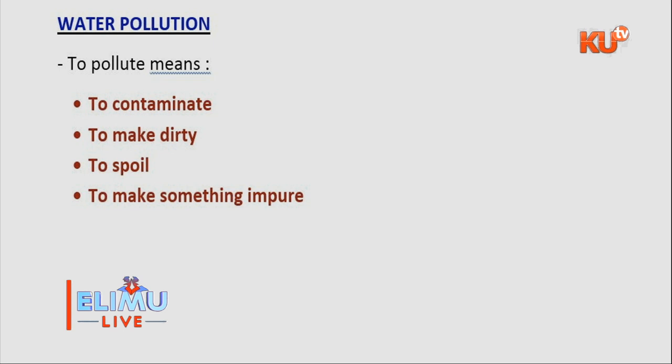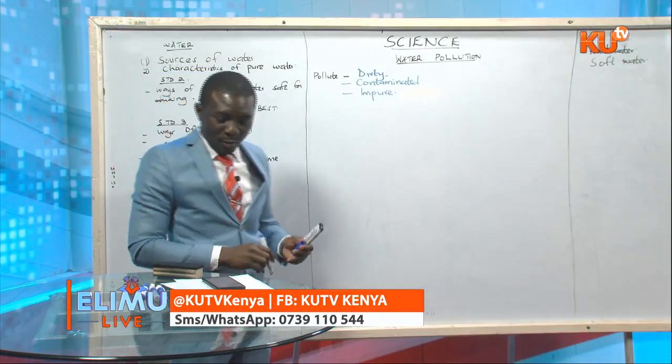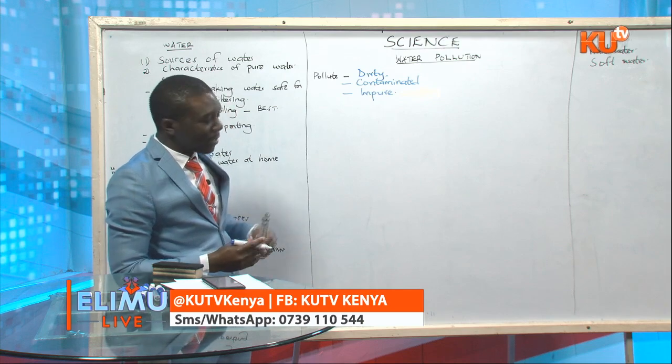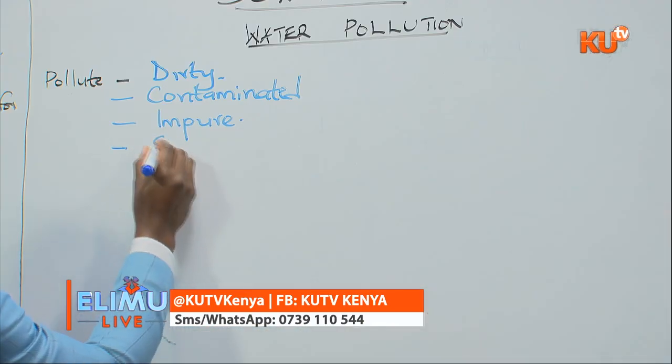The other definition for the word pollute is to make something impure. We said pure water, characteristic of pure water, is free of any pathogens, any diseases, anything there. So to pollute is to contaminate, to make something dirty, to make it impure, or to spoil something.